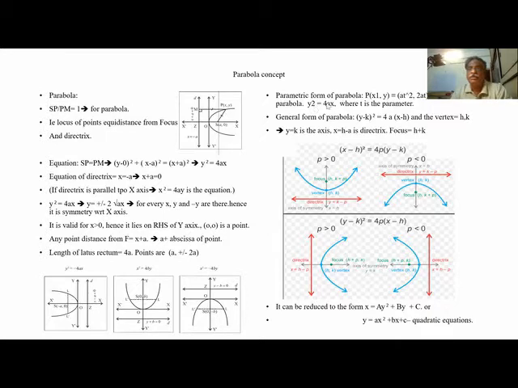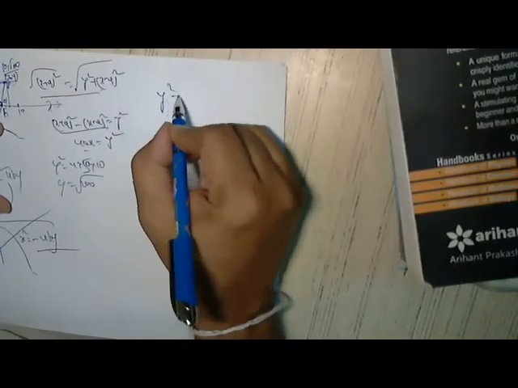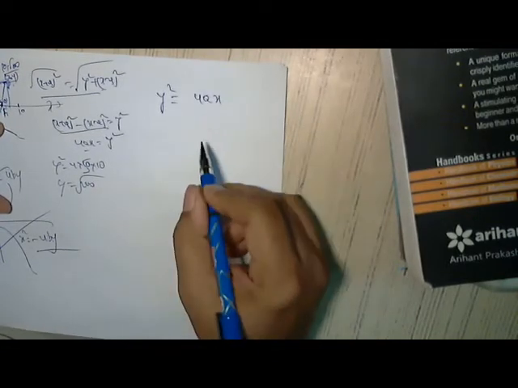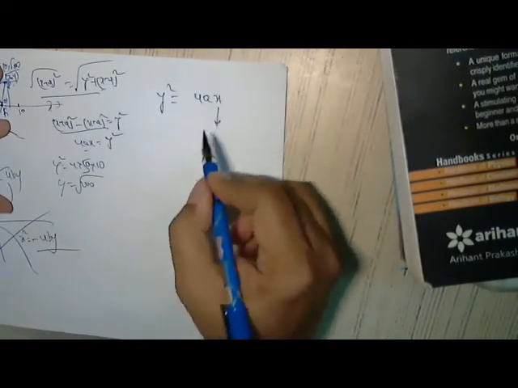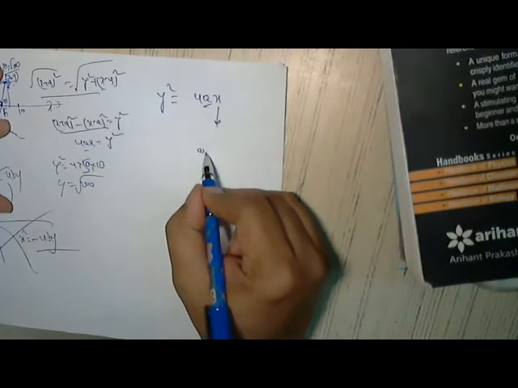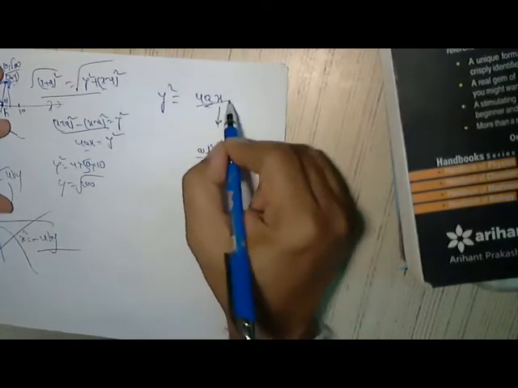Let us see, what is the parametric form of the parabola? at square and 2at. How has this come? See, we know y square is 4ax. I take a value of x in terms of a such that with a t square it forms a perfect square.